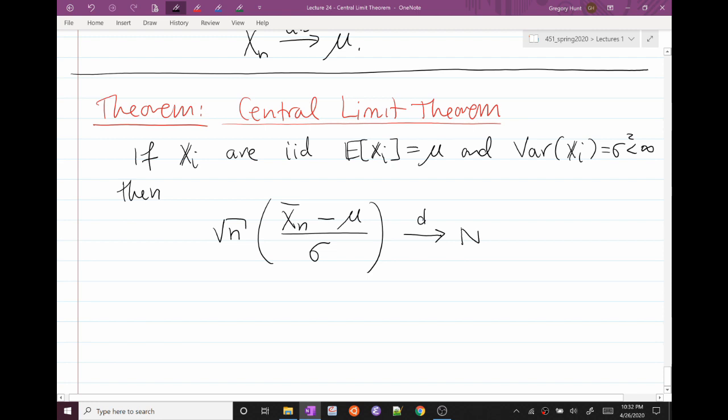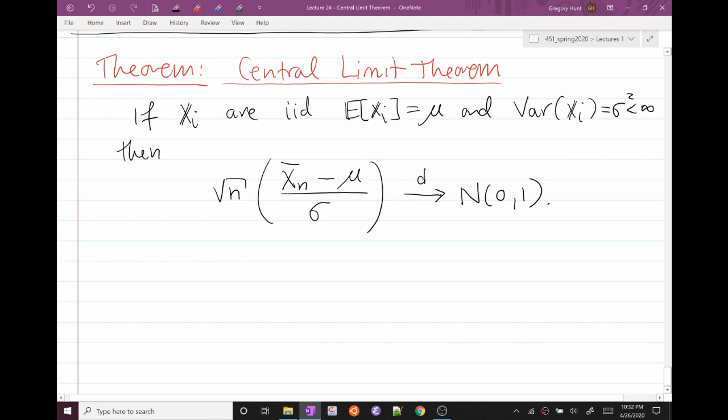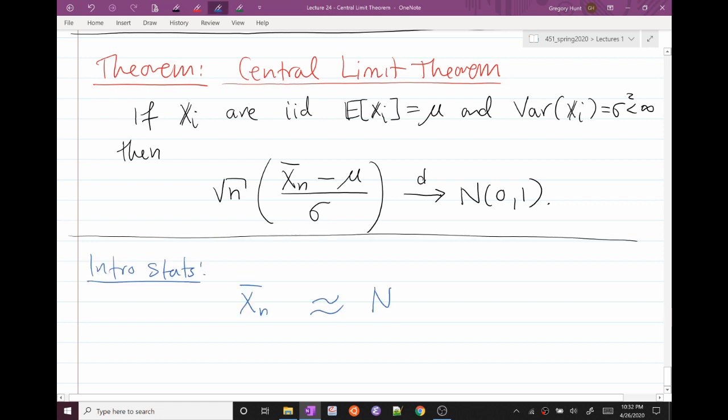So that looks much stranger than what you're normally taught in an introductory stat course. In intro stats, they'll typically say something like Xn bar is approximately normal mu, sigma squared over n, for large values of n.